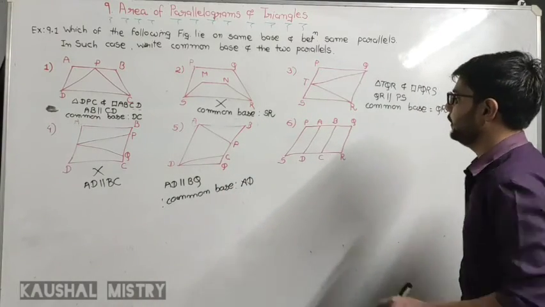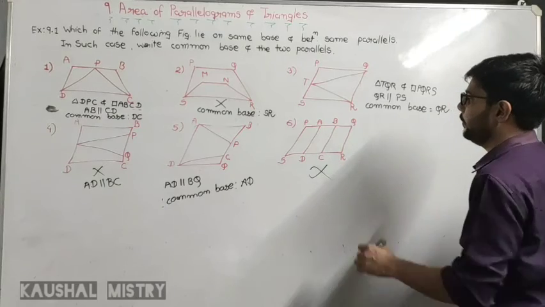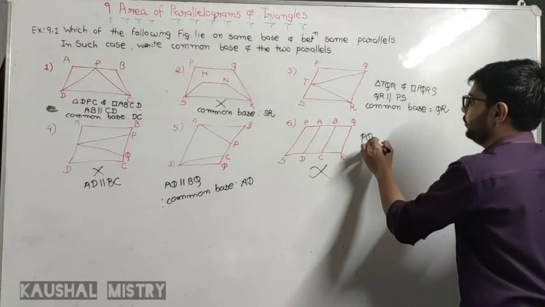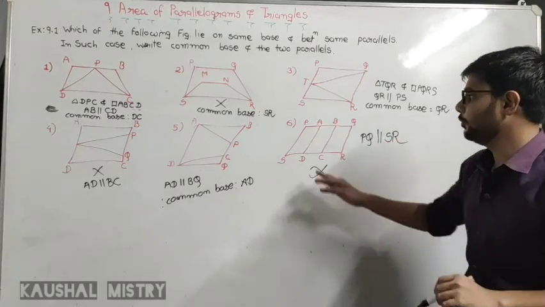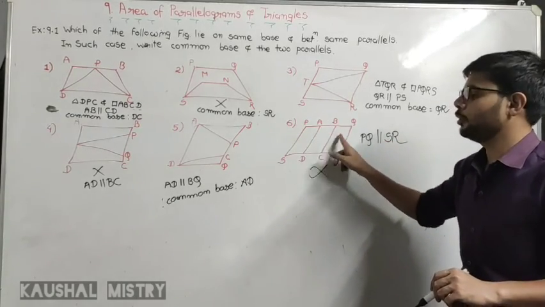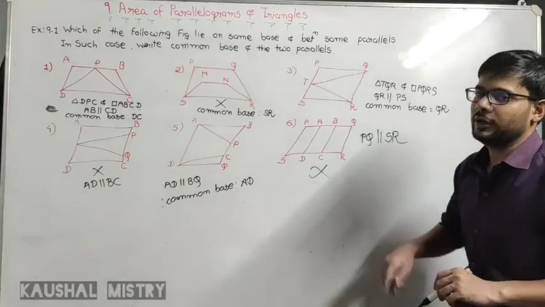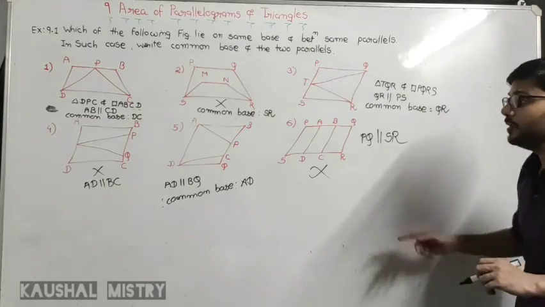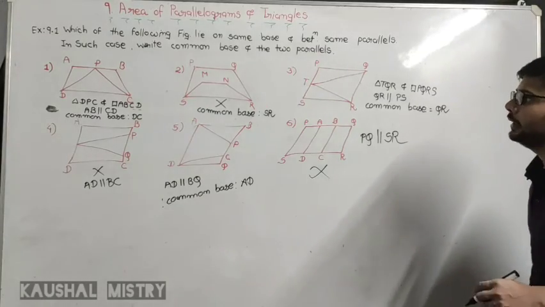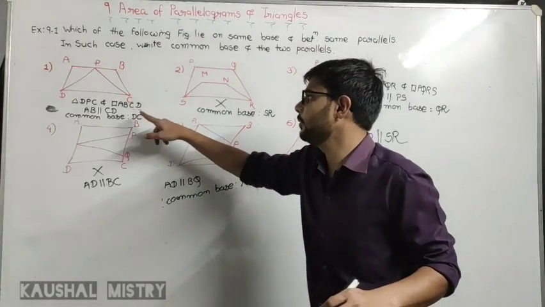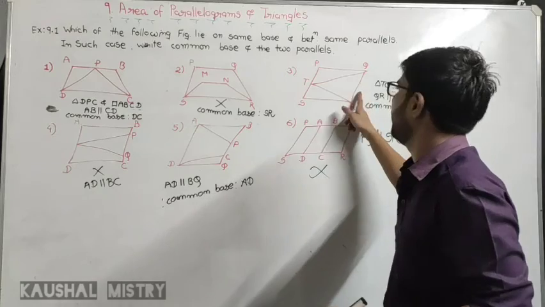And here no common base is there, but PQ is parallel to SR, because these are all small parallelograms, but they don't have a common base, right? But between the same parallel lines, that is PQ is parallel to SR. So the only figures with a common base and parallel line will be this one, and this one, right?